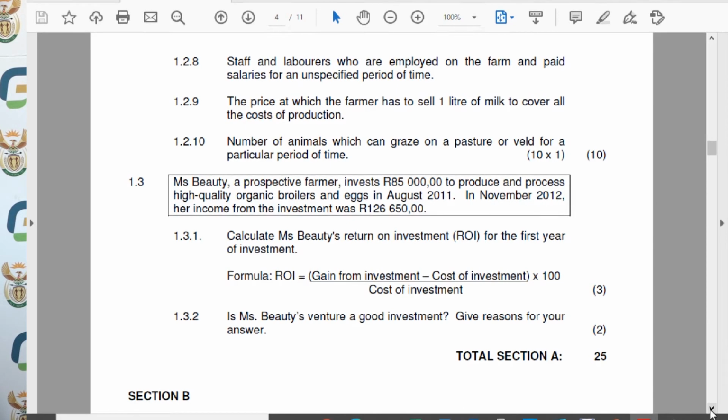But we have got to multiply that by 100 in order to see if she made a good investment. Times 100, we get 49%.